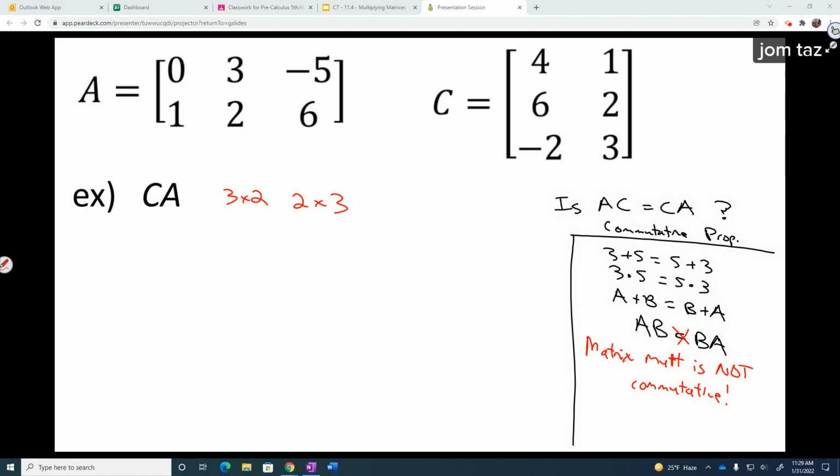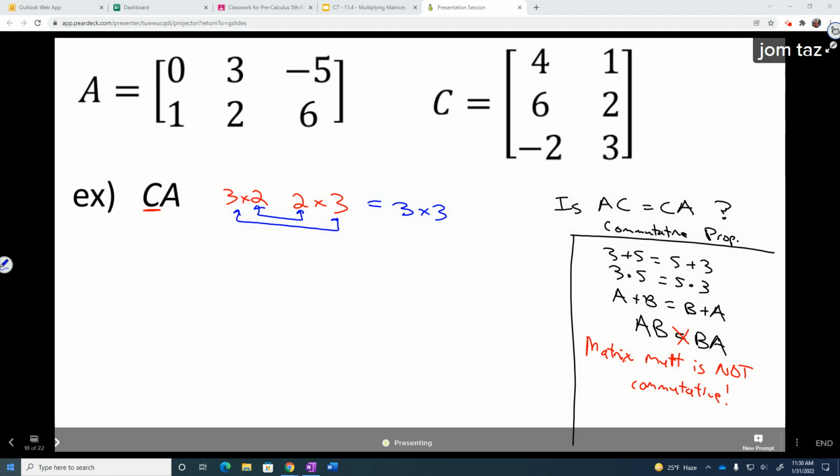So make sure you get the right order. If you write them in the wrong order, then this won't work. C is written first, so we write the C dimensions first. A is second, so we write A dimensions. All right, so if we're going to multiply this, the inner dimensions do agree, so that means we can do it. And our answer is going to be the outer dimensions, which is a 3 by 3, right?